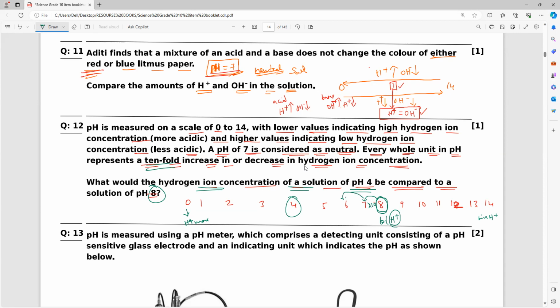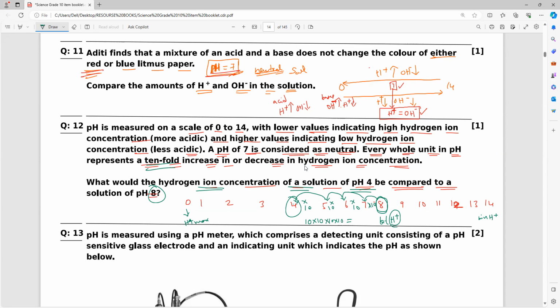Again from here to here, it increases 10 times, and again, and again, 10 times each. Now compare from 8 to 4. How many times more H plus ions? 10 into 10 into 10 into 10. How much is it?